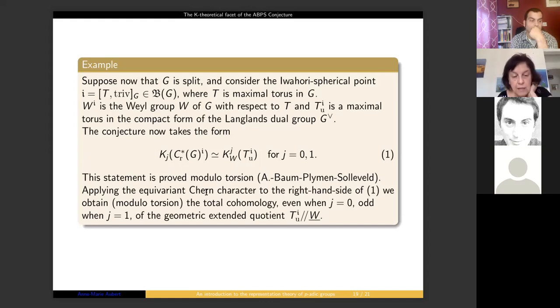And if we do that, then you can apply the Chern character, and we obtain, modulo torsion, that the total cohomology, even when q is 0 and odd when q is 1, of the geometric extended quotient of the compact torus by W.